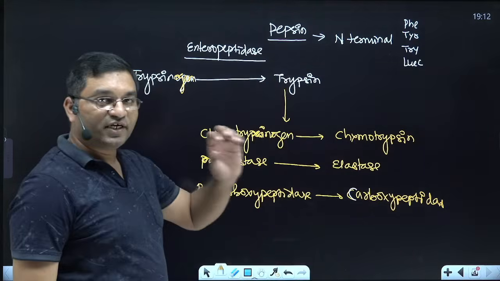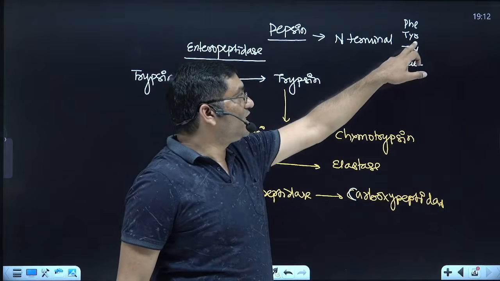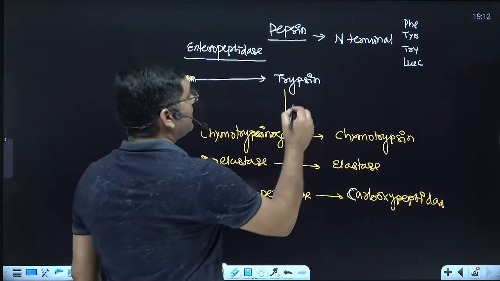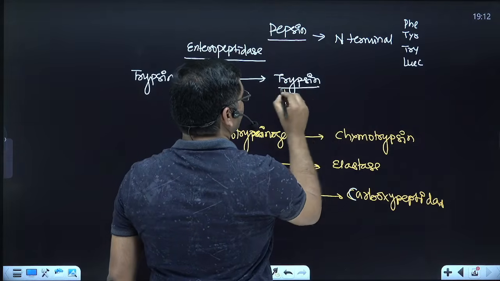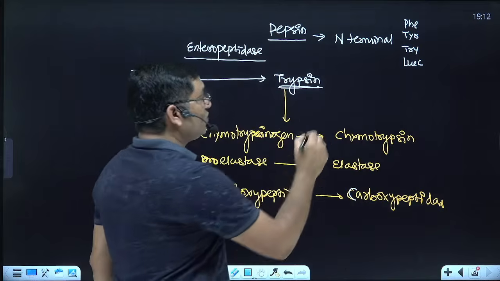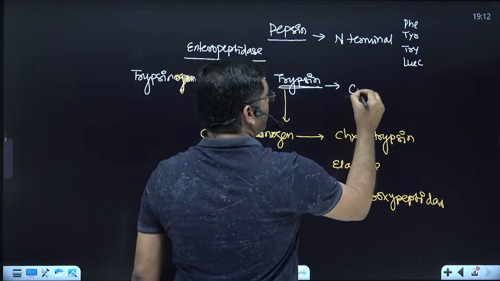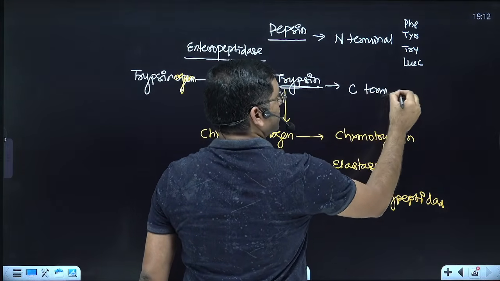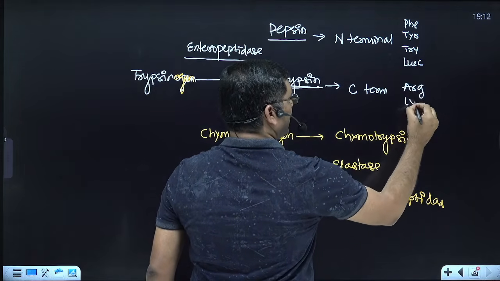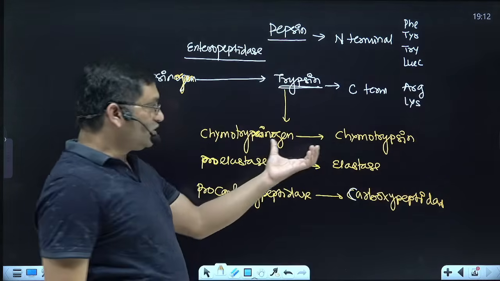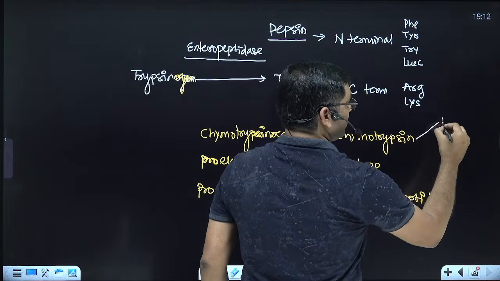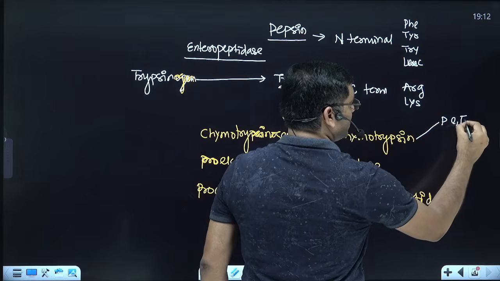The trypsin specifically act on the peptide which escape digestion from the pepsin. It particularly act on the carboxyl terminal arginine and lysine. Chymotrypsin, it will act on the carboxyl terminal phenylalanine, tyrosine, tryptophan.